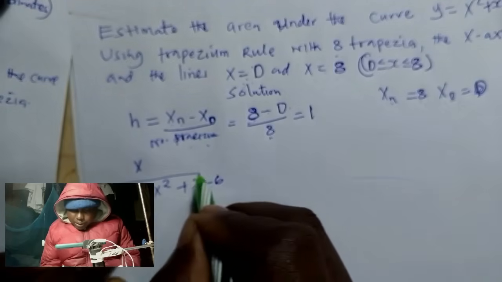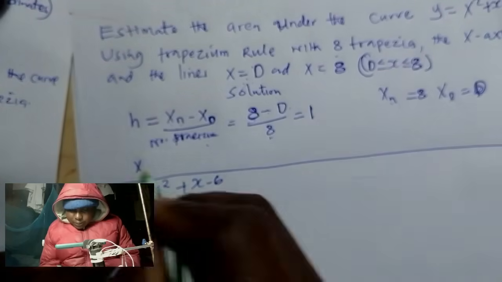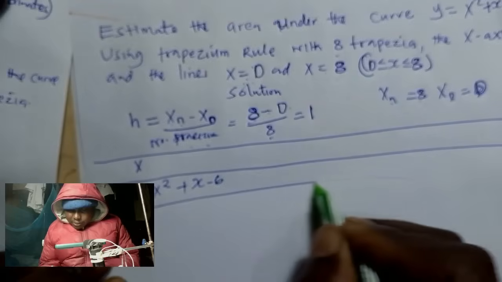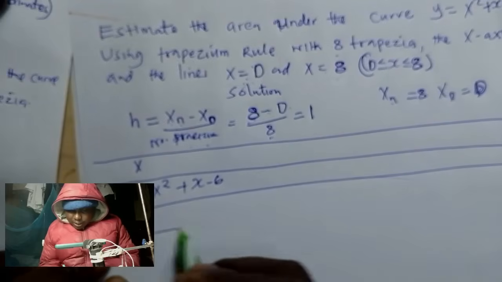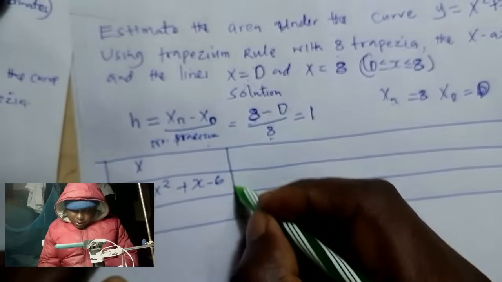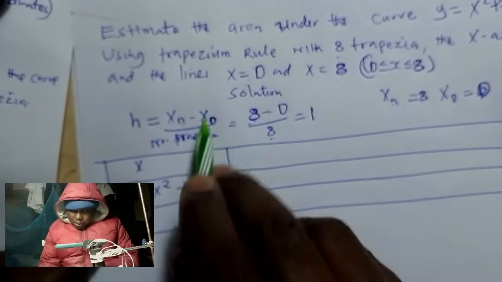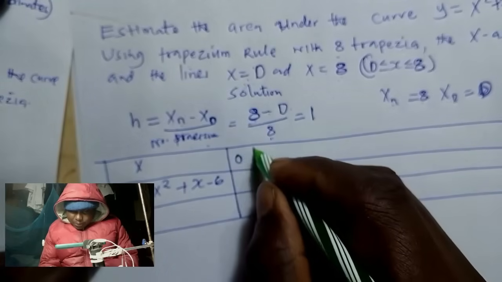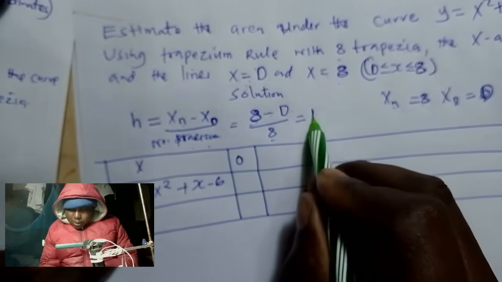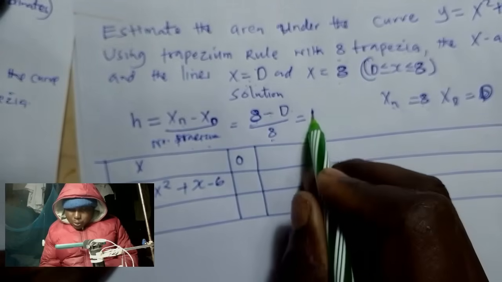So we draw the table of values of x, and we will get the values of y. So you draw the table like this. The values of x start at 0. Our width is 1, 1, 1 because our h is 1. So the width must be uniform, 1 each time.